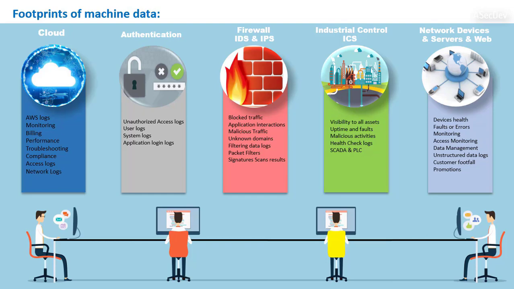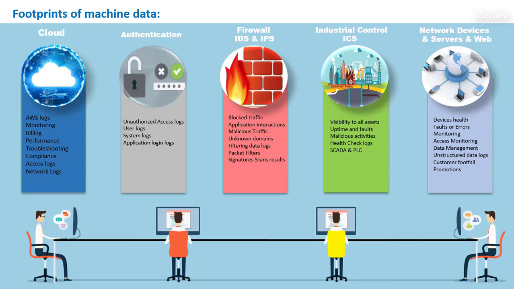And a very good example of it would be monitoring in SCADA and PLC. SCADA and PLC is a new trend, a new boon in the market, and this machine log gives you the functionality to actually track the activities on that system as well.